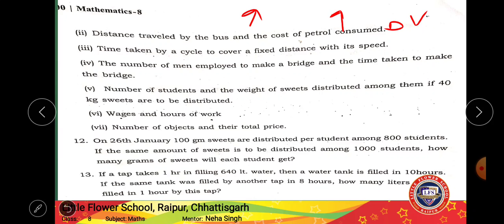You'll be writing full direct variation. I am writing it in short form. Okay, the answer will be fully, you will write direct variation. Or you can write not in inverse variation. The question is asked which of the ones are in inverse variation, right?